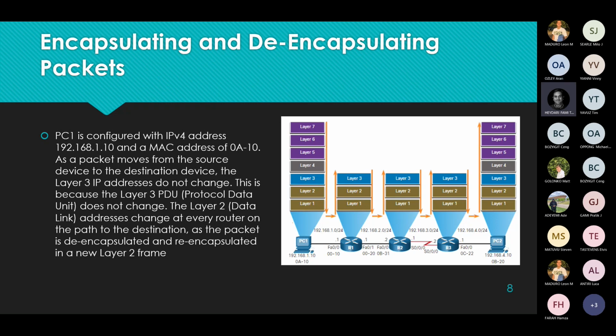Okay. Between R1 and R2, the destination MAC address would be that of R2's interface on the left-hand side. There is no numbering here, so I can give you the IP, 192.168.2.2.